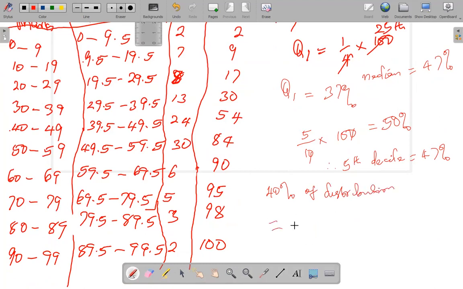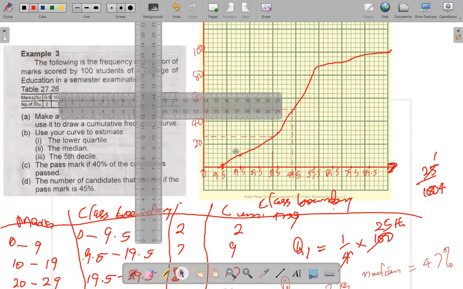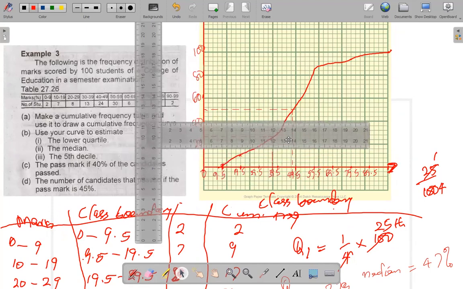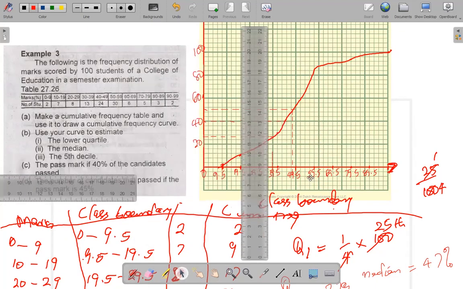Which is 40 over 100 times 100, since our distribution is 100, which is 40, the 40th position in the cumulative frequency. Then we'll go back to the curve and locate 40, and trace it to the x-axis.